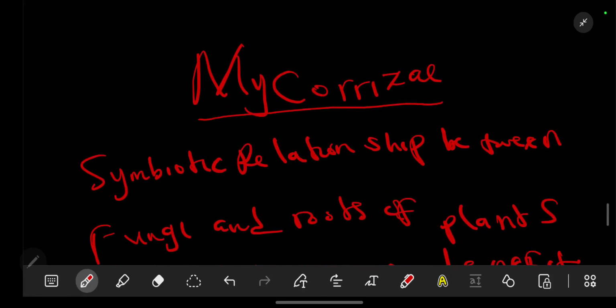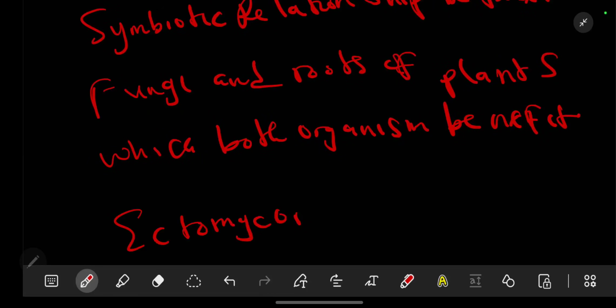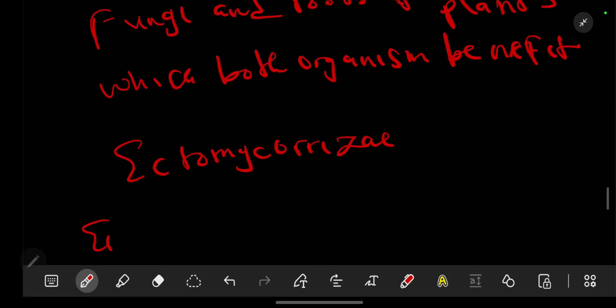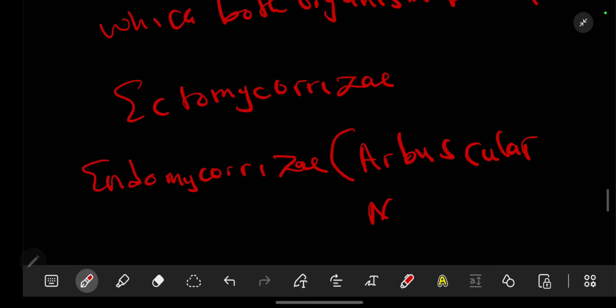So this mycorrhiza is further divided into ectomycorrhiza and endomycorrhiza. Endomycorrhiza is also called arbuscular mycorrhiza. So that's the other name.